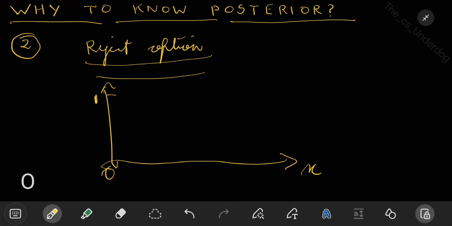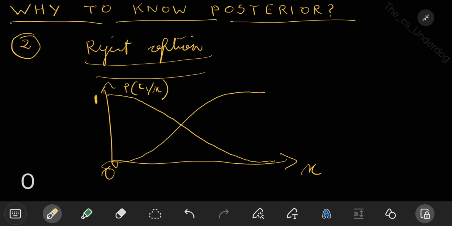Let's say P of C1 given x comes like this to 0, and P of C2 given x goes like this. So P of C1 given x is very high here, and it comes down to 0, and P of C2 given x goes high as the value of x increases. Here, let us say this is your threshold theta.